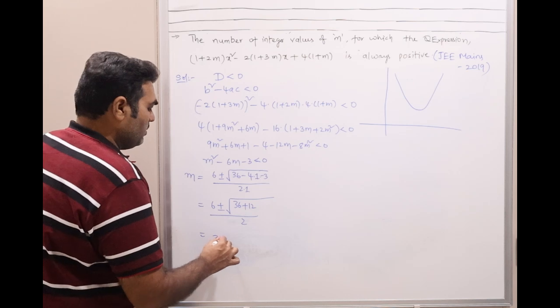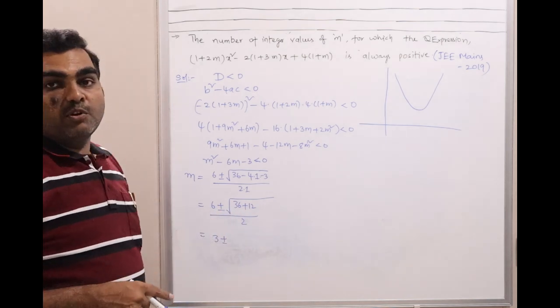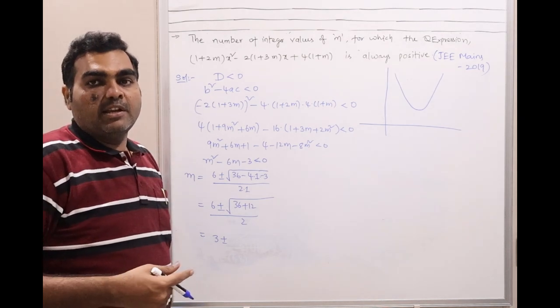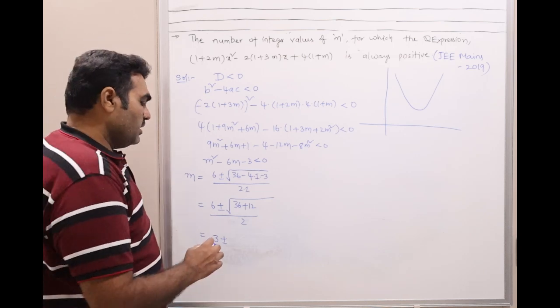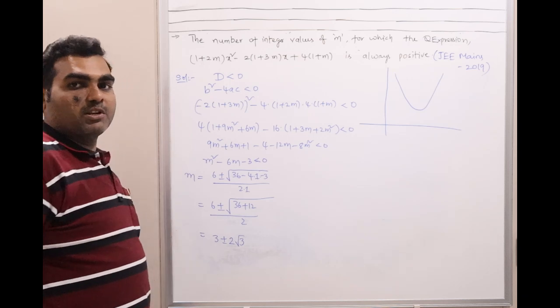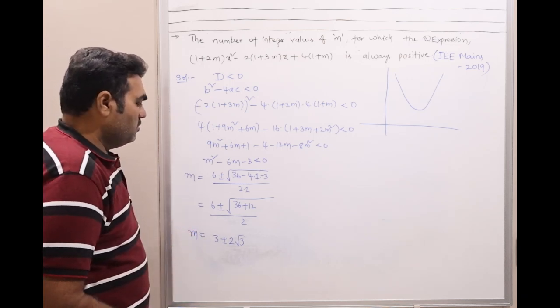If I simplify this, I will get 3 plus or minus the square root of 48. The square root of 48 I can write as 16 into 3, so 16 I can take out of the root. So I will get 4√3, and 4√3 I can cancel with 2. So I will get 3 ± 2√3. So m is equal to 3 ± 2√3.